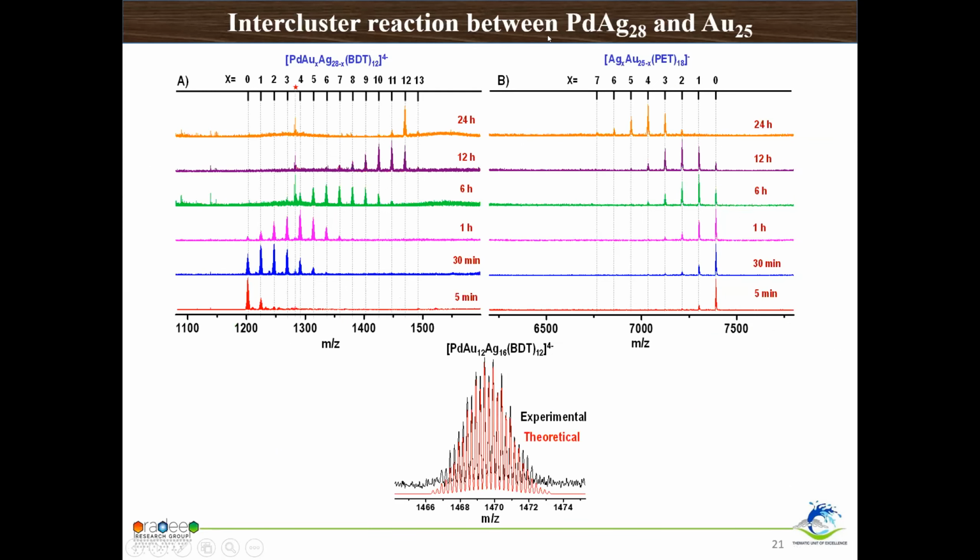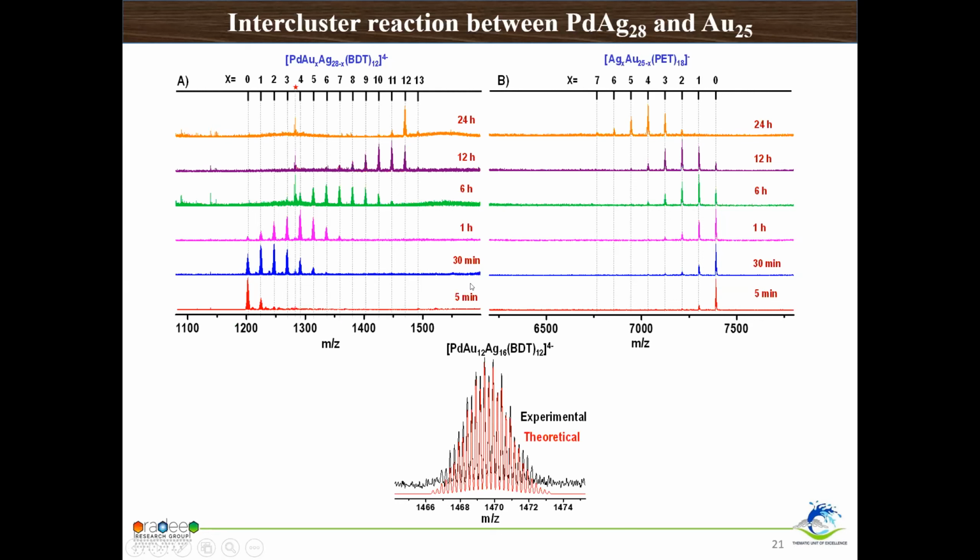Here the reaction between palladium Ag28 and Au25 is shown. The reaction was monitored via time-dependent ESI-MS, and the ESI mass spectrum of each time interval is shown here.